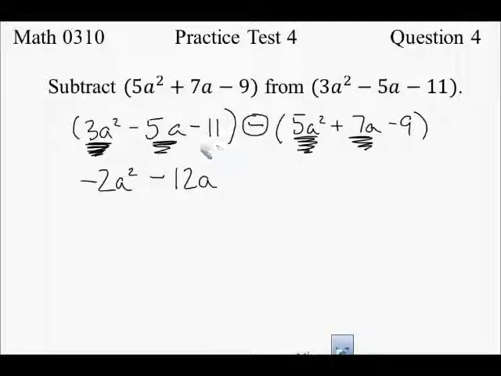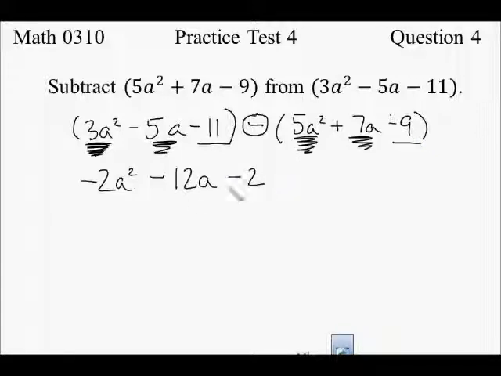And then lastly, looking at the constant terms, we have negative 11, and we have negative 9 here. So negative 11 minus negative 9. Notice minus a negative is going to be like plus. So negative 11 minus negative 9 is the same as negative 11 plus 9, which is going to be minus 2.